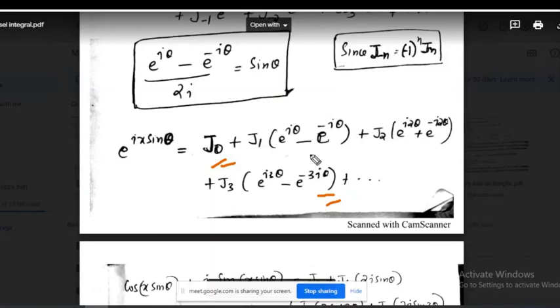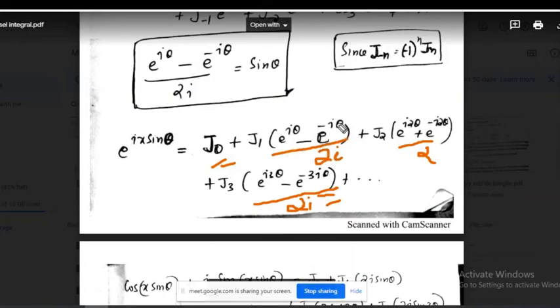Now what I am doing is I divide. Here I need 2i to write it in terms of sin theta. Here I need 2 to write in terms of cos theta. Here I need 2i. So I can write this as 2i sin theta.